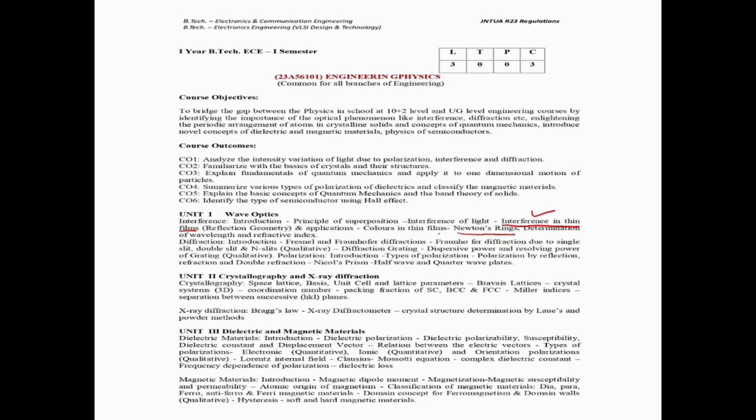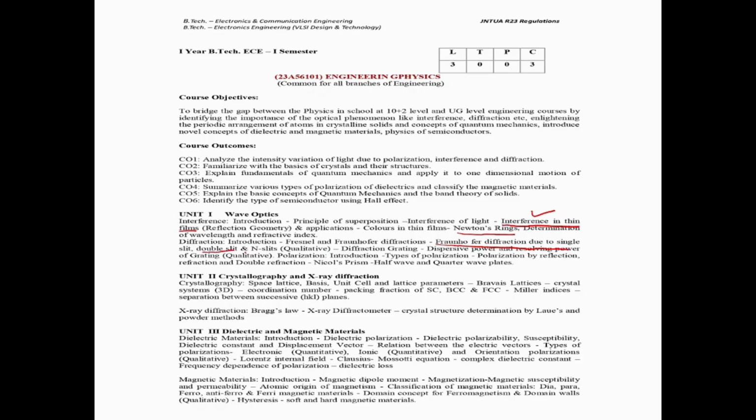Then after this interference chapter, you have to focus on diffraction. In this diffraction chapter, there are two important questions from the essay point of view. Number one is Fraunhofer diffraction due to single slit, as well as Fraunhofer diffraction due to double slit.